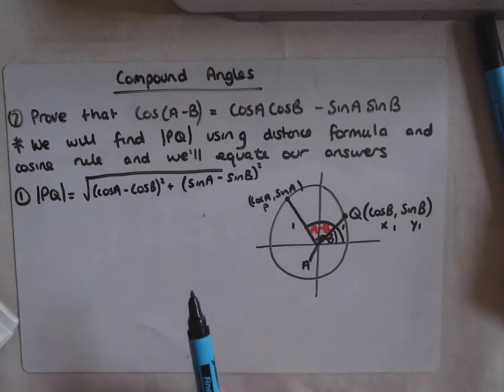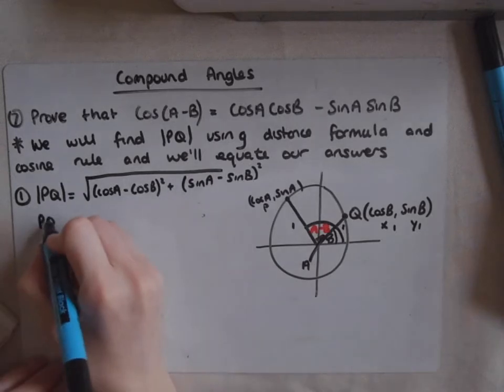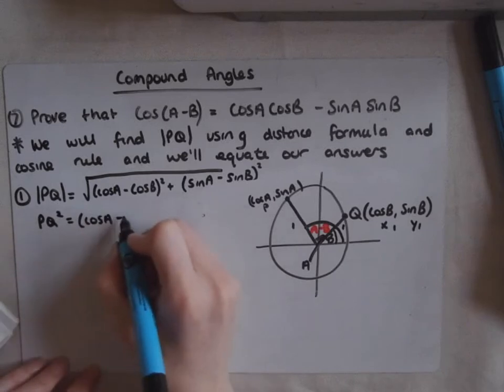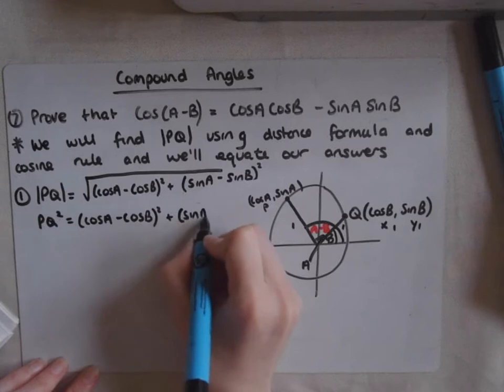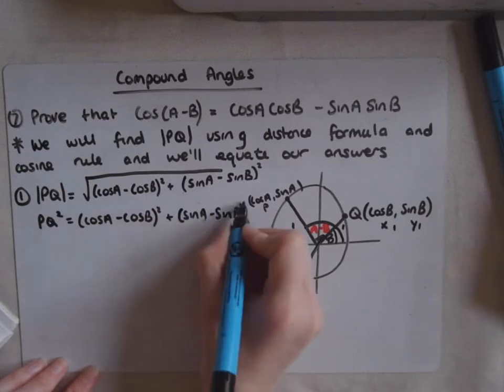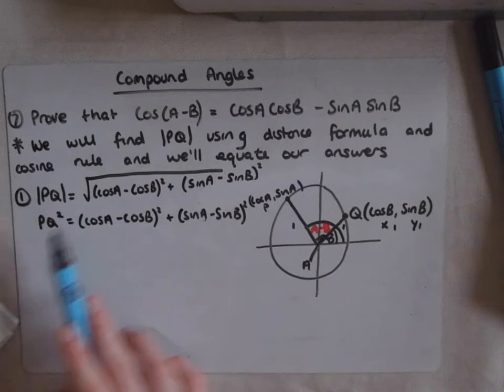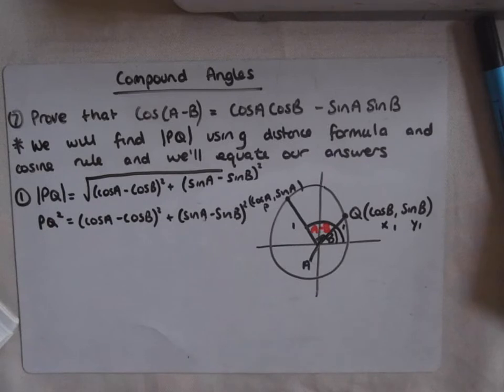Now what we're going to do is square both sides to get rid of the square root. So PQ to be squared is, so all I did there is I squared both sides. I squared the PQ and I squared the square root, so that disappears. Now you're going to multiply out your brackets.